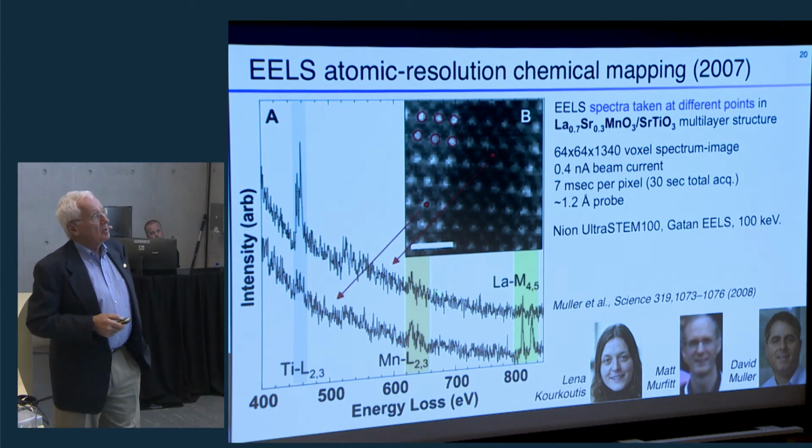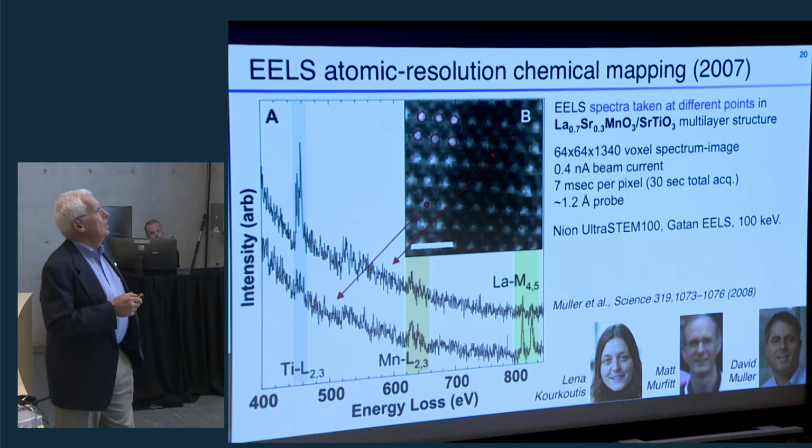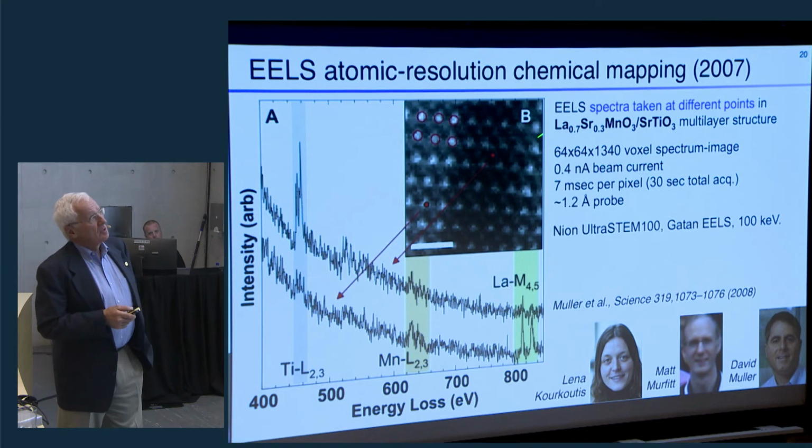What can you do for elemental composition? If you take a high angle dark field image and you look at what signal came in the EELS channel from pixels on top of an atom, in between atoms, this one shows the bright atom. That was lanthanum, and there was also manganese in this spot. In the dark spot, that was titanium.